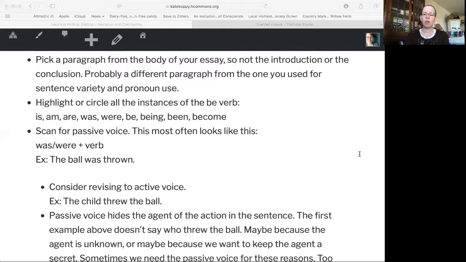So this kind of pattern in your paragraph is a place where you should think about maybe seeing if you can revise out any of them. And one way to revise out our use of the be verb is to look for another word in the sentence that's actually naming an action. Oftentimes when we have the be verb as our main verb, we've buried the action of the sentence in an adjective or a noun that comes later.